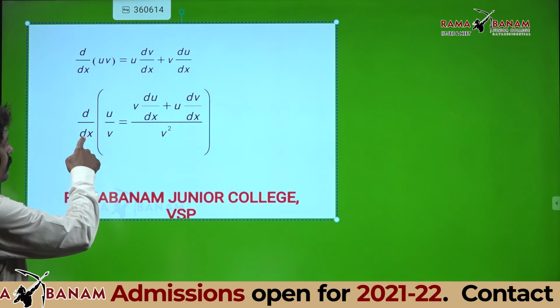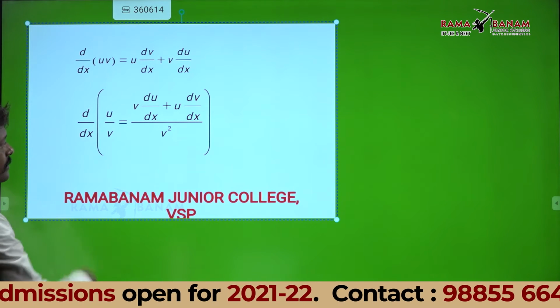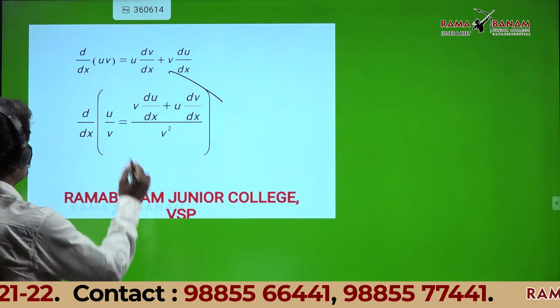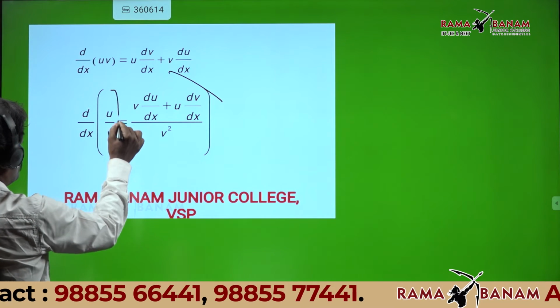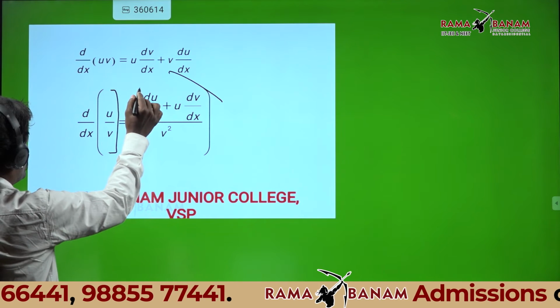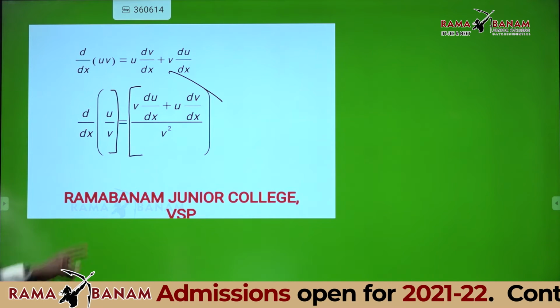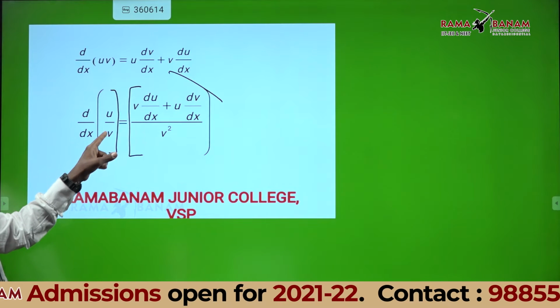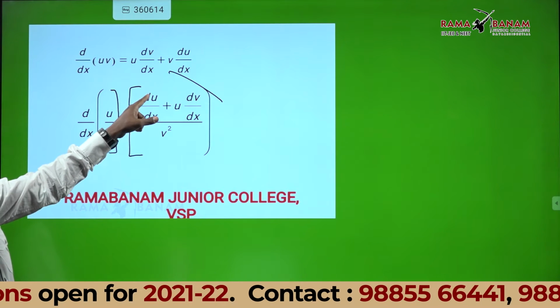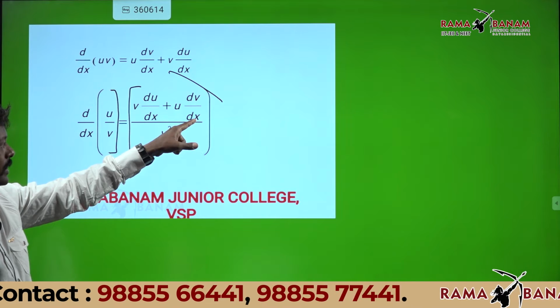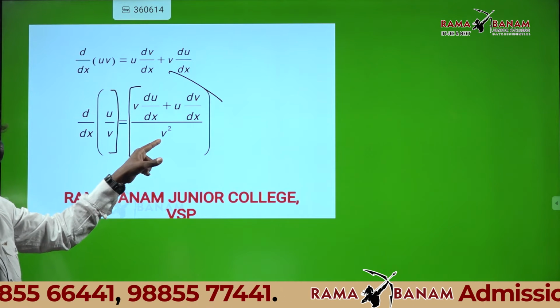And if you want u by v, look at this here, the bracket is like this. d by dx of u by v is the denominator into the derivative of the numerator minus the numerator into the derivative of the denominator, by denominator square.